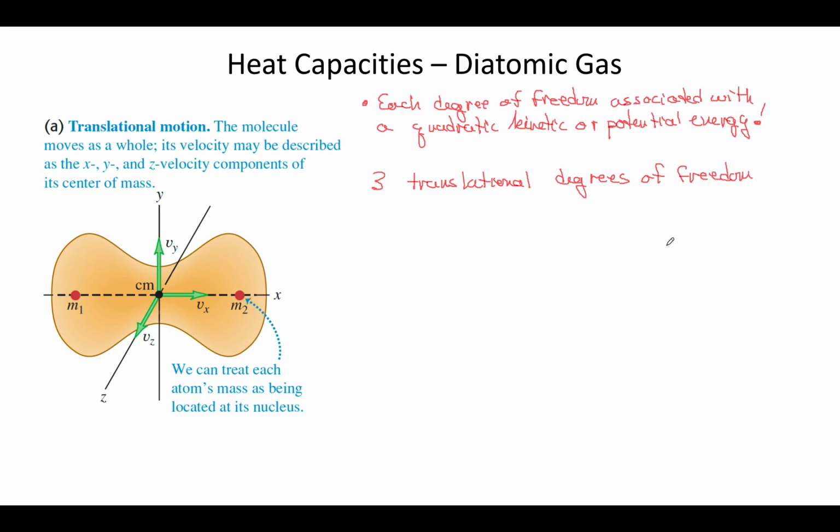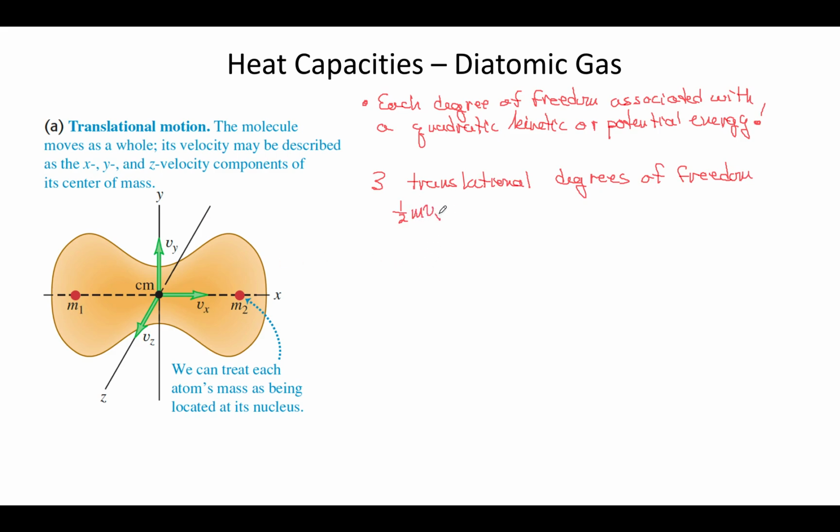And what that means is you have a kinetic energy associated, and this is the total mass of the molecule. I'm really talking about a monatomic gas right now, but diatomic gases have translational kinetic energy and they translate as well. So this is the total mass of your molecule.